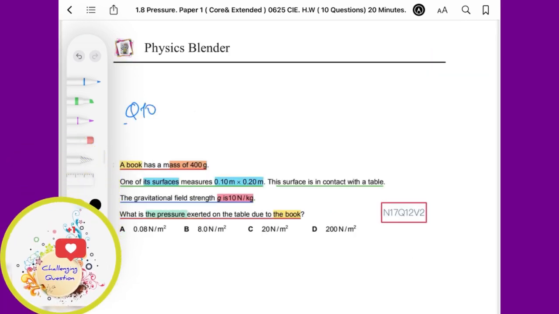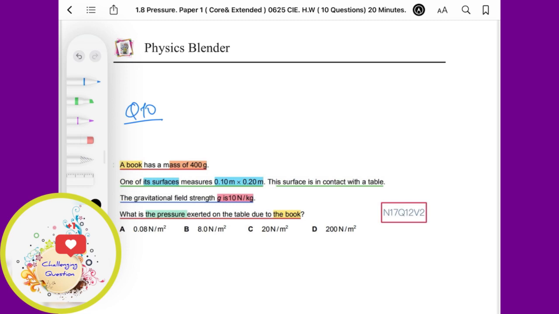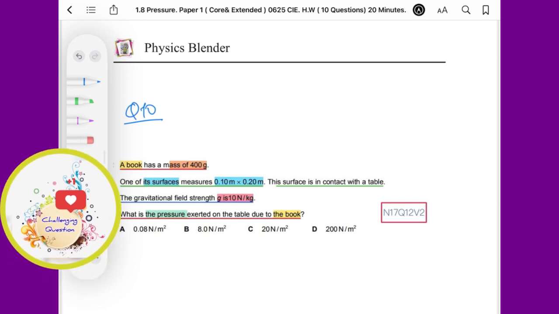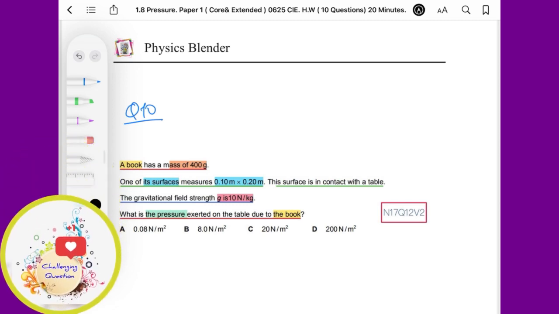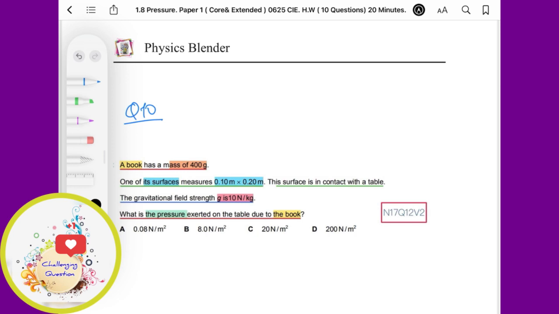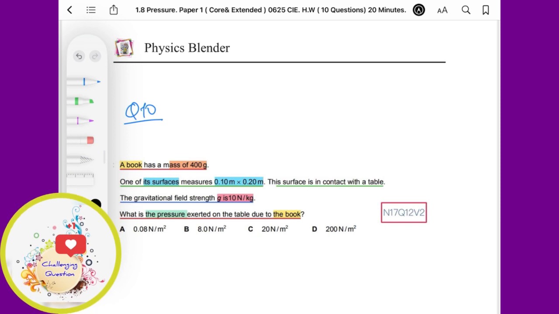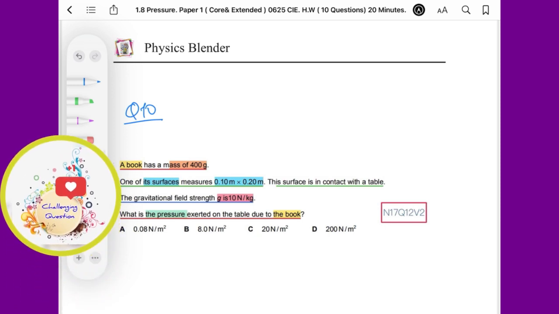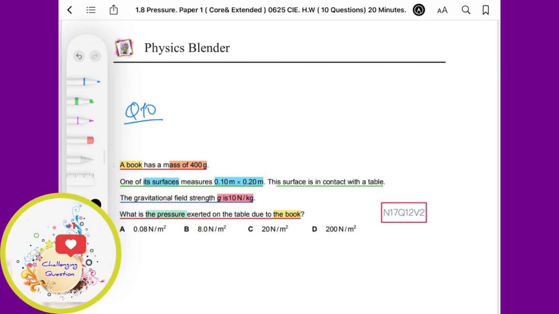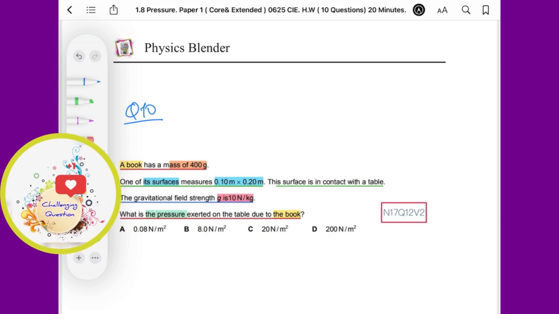Question 10 is challenging and very important. A book has mass 400 grams. One of its surfaces measures 0.10 meter times 0.20 meters. This surface is in contact with the table, so it's the base area or the area of contact. The gravitational field strength is given.